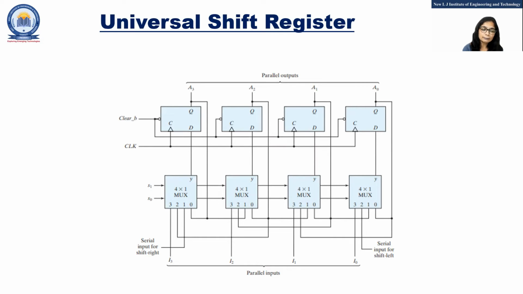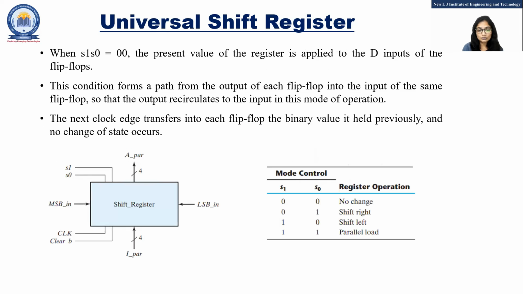This output I am applying to the D flip-flop, and the output of the flip-flop will be given again to this mux. So simply we are storing the data in the flip-flop. This is no change. There is no change in the data. Simply I am using this register as a storage element. Then this operation we have already discussed.